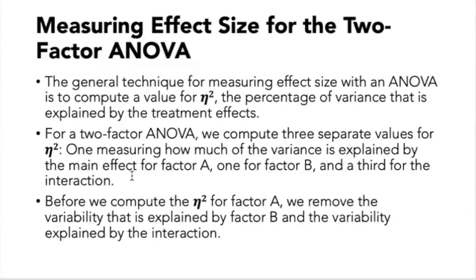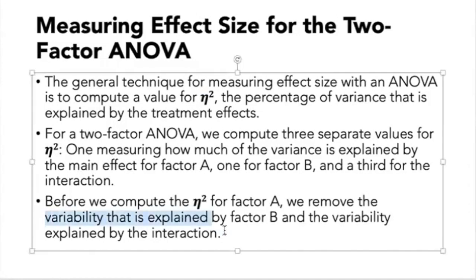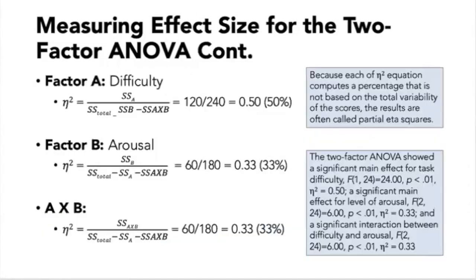So before we compute the eta squared for factor A, we remove the variability that is explained by factor B and also by the interaction.